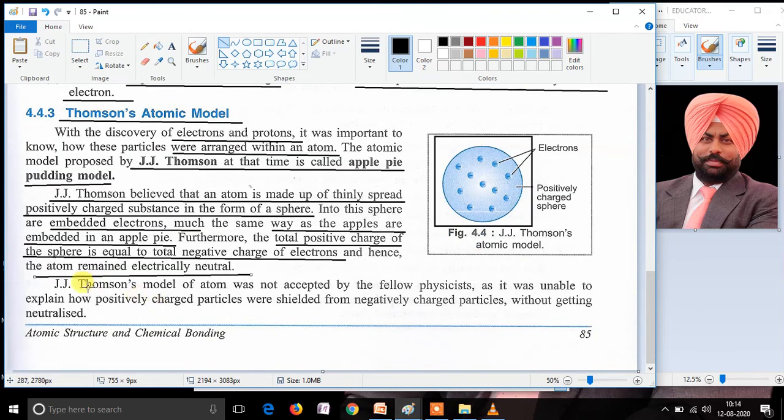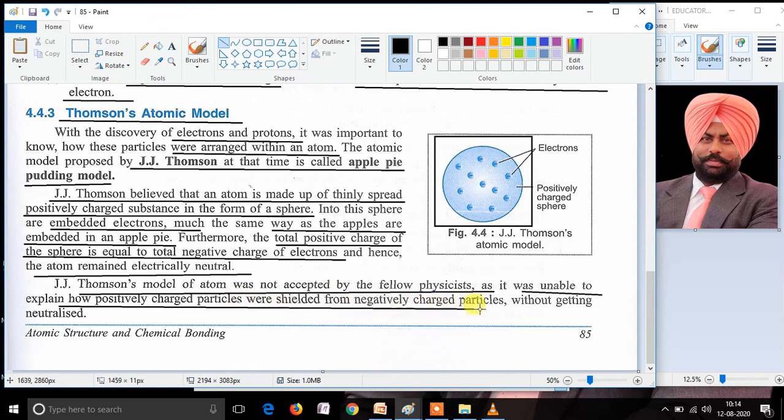But this model was not accepted by his fellow scientists. The reason is he was not able to explain how positively charged particles are shielded from the negatively charged particles without getting neutralized. It means these positively charged particles should get neutralized by the negatively charged particles.